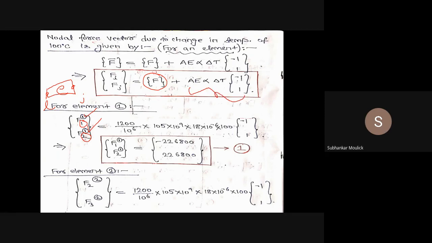For element 1, A, E, alpha and delta T are given, times the 2 cross 1 matrix minus 1, 1. Just solve this expression and you will get the nodal force in the first element, which comes out to be F1 of 1 is minus 226800 and F2 of 1 is 226800. Equation number 1. Is it clear? Any doubt? Yes, sir, it's clear. No doubts.